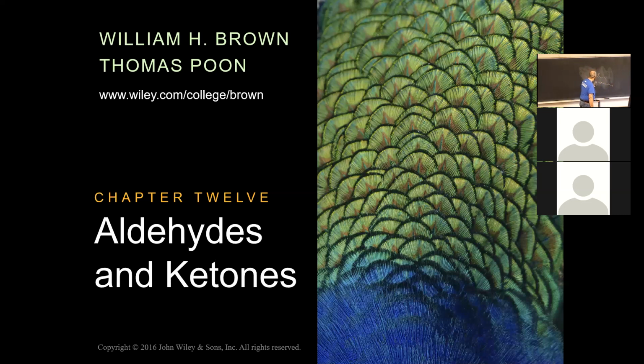The older method of naming would be to say 1-heptene 4-one. The newer method places the number right before the infix.